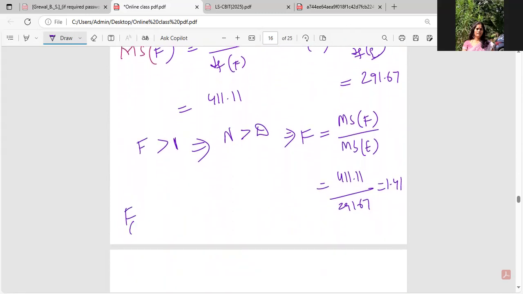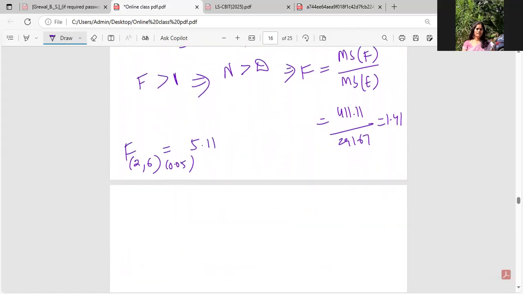Numerator degrees of freedom, MS factor degrees of freedom is 2. MS error degrees of freedom is 6. MS factor and MS error degrees of freedom are 2, 6. Always mind this, guys. Take it properly. At 0.05 level of significance, from the table, the value turns out to be 5.11.